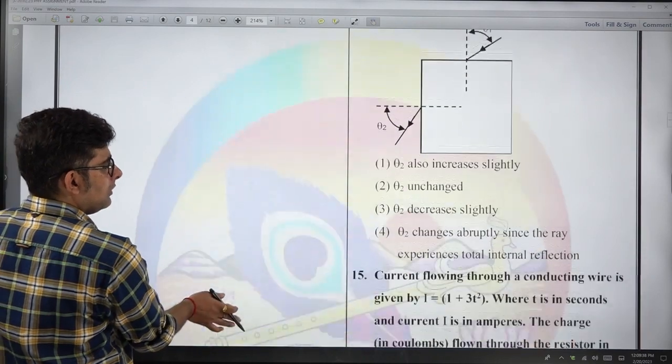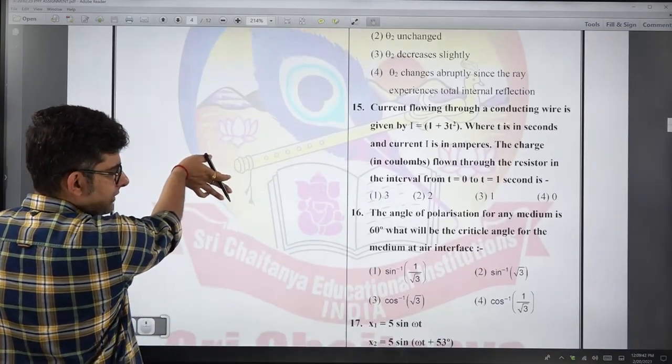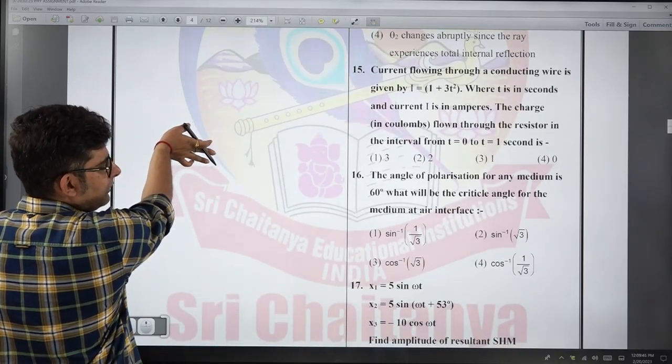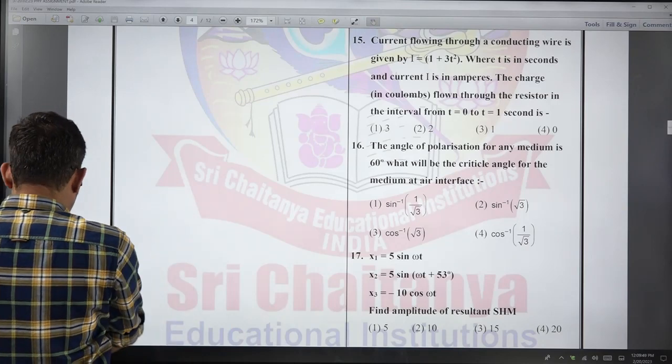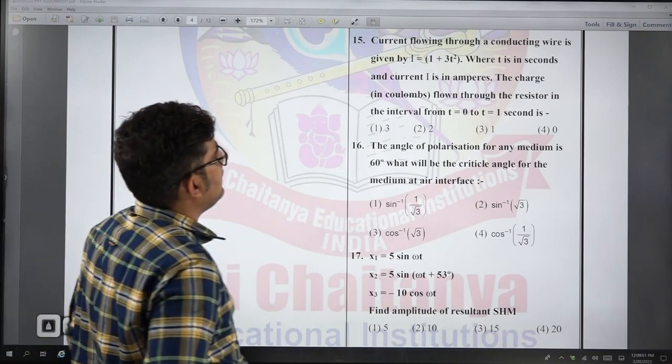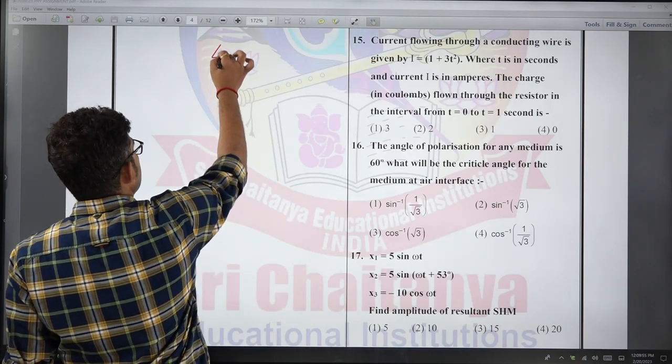So now come to 15th question. 15th and 16th we'll try to tackle both of them together. Okay, let's see. What is 15th? Current is given, they are asking charge flown. So what is the formula for charge?